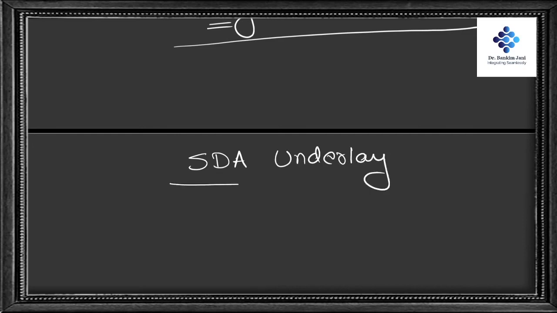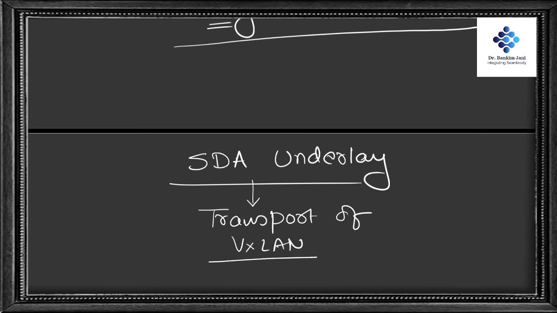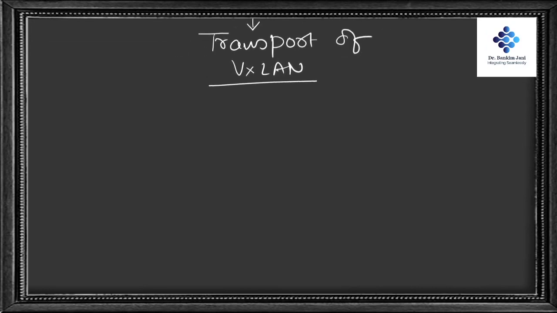So we talked about the SDA overlay. This is the SDA underlay. What is the SDA underlay? It is just connecting all those nodes which are in the SDA environment, right? So its function is the transport of VxLANs. But now you have got two options.